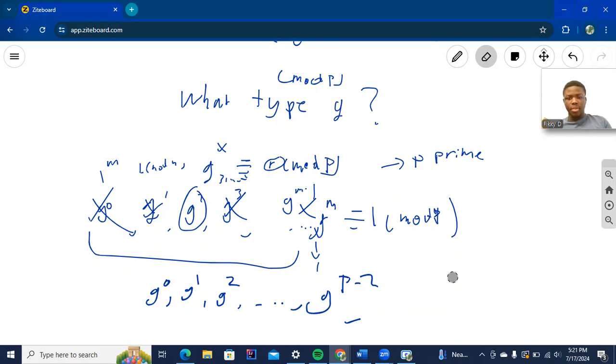So p minus 1 is the smallest positive integer such that it's equal to 1 mod p. The reason for this is that the cycle is as long as the amount of numbers in the finite field, which is p, from 0 to p minus 1.